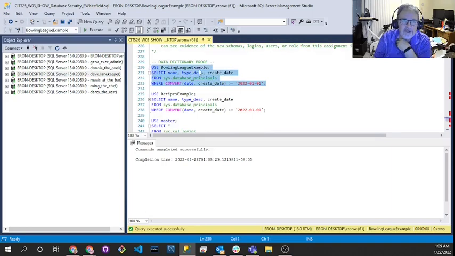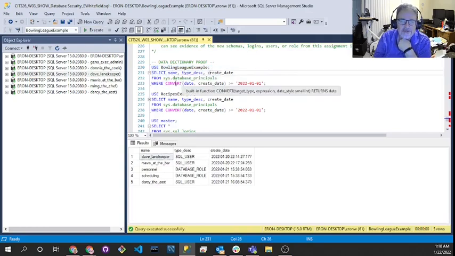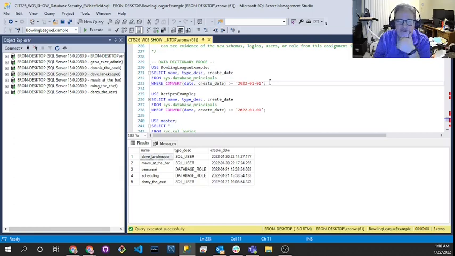For instance, if I run this first script, it allows me to see who I have added as users into the Bowling League database. And I capped it at January 1st, that way I wasn't looking at old information. I was looking at just stuff that I had entered in.